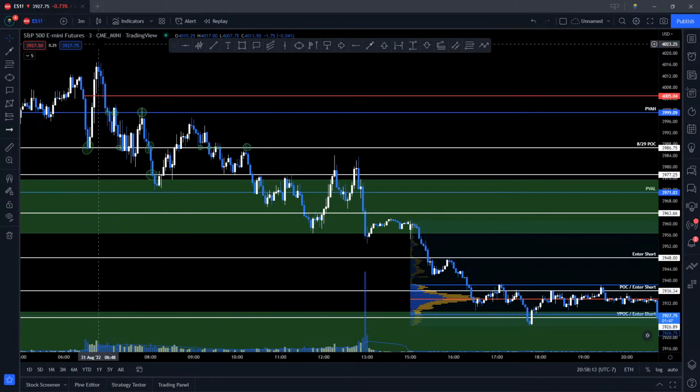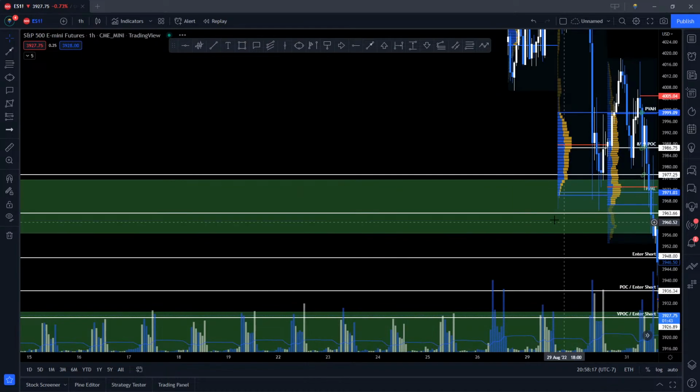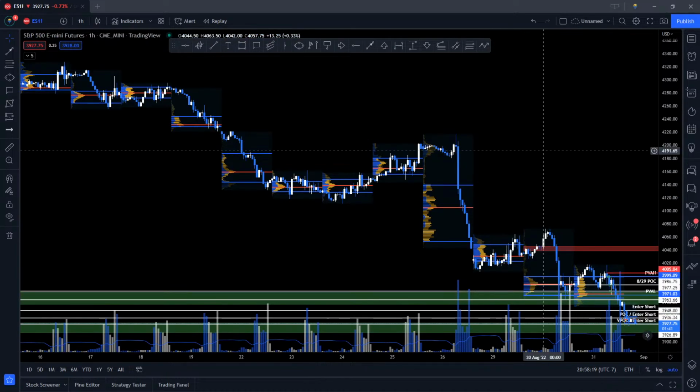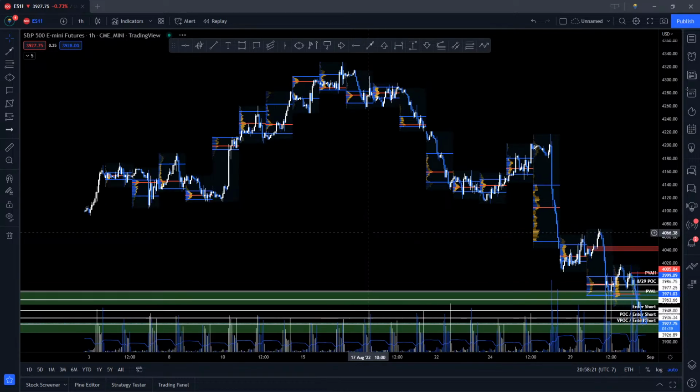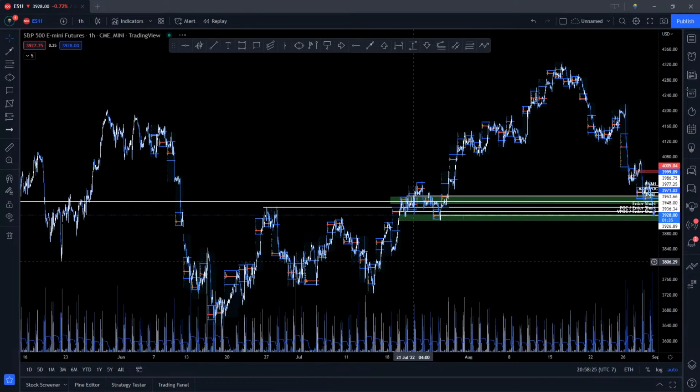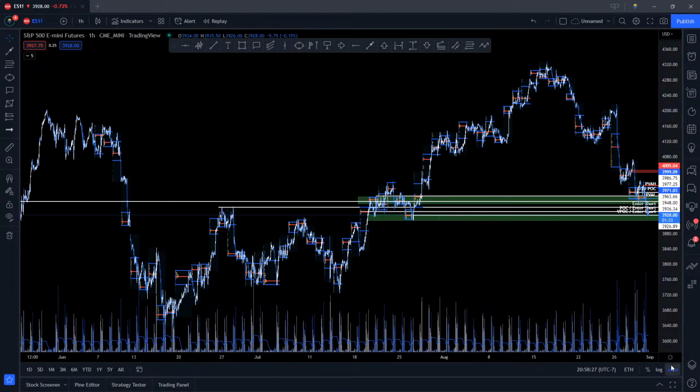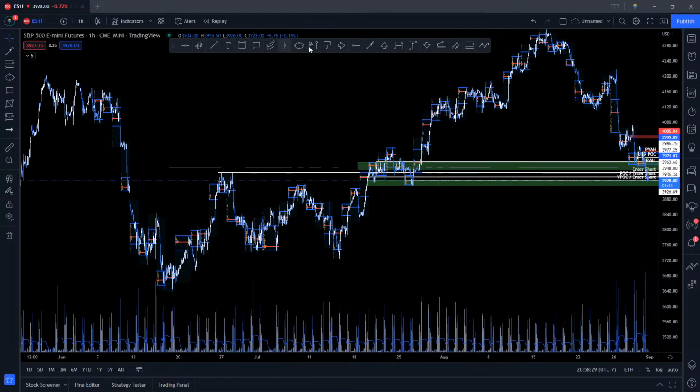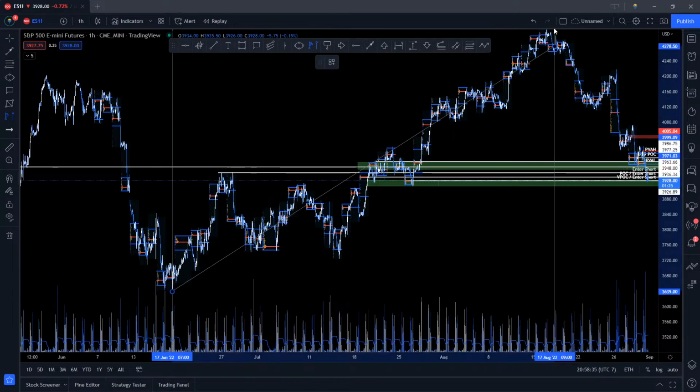So for our fixed range volume profile, you want to be looking at a higher time frame. And so like I was saying earlier, you want to grab your low to high.